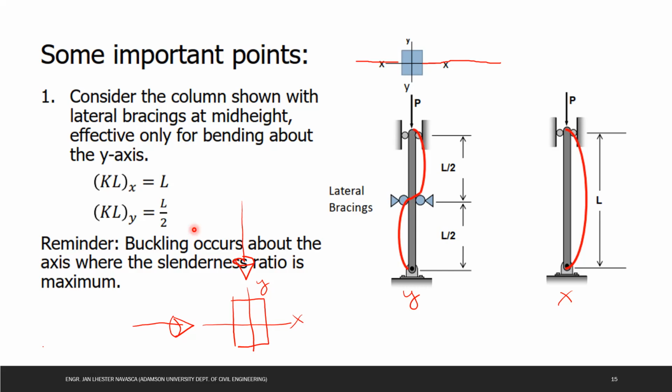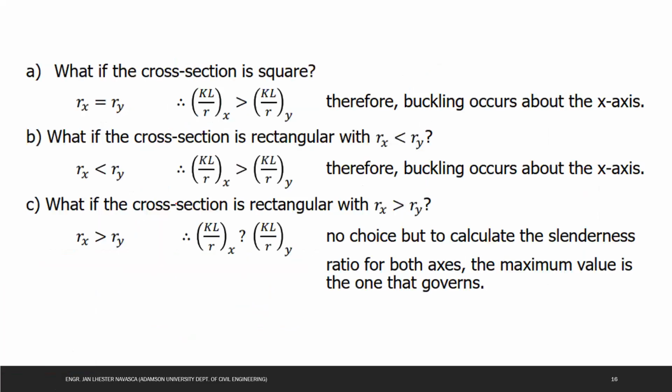So therefore, we always choose the maximum slenderness ratio or the maximum effective length, if we have the same radius of gyration. Okay, so this is only one parameter in solving for the slenderness ratio if you added lateral bracing.